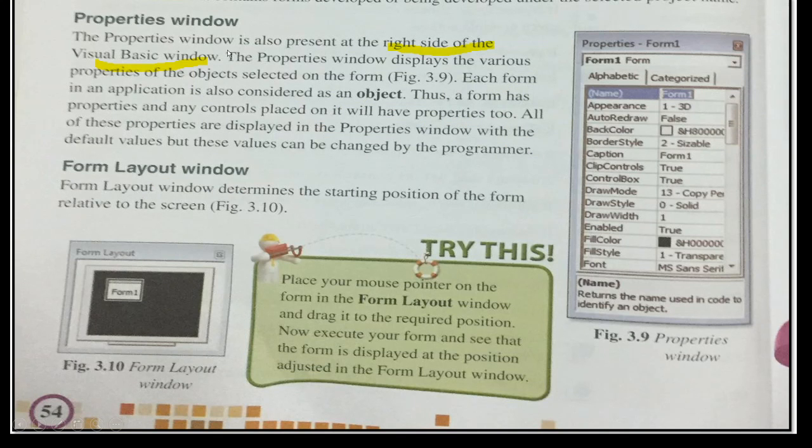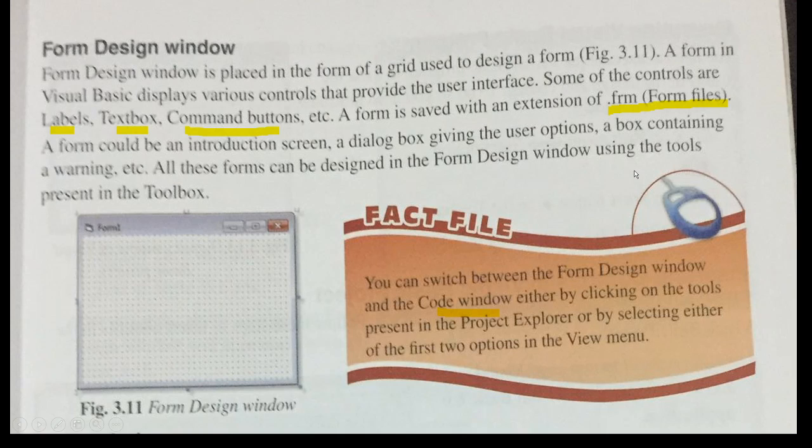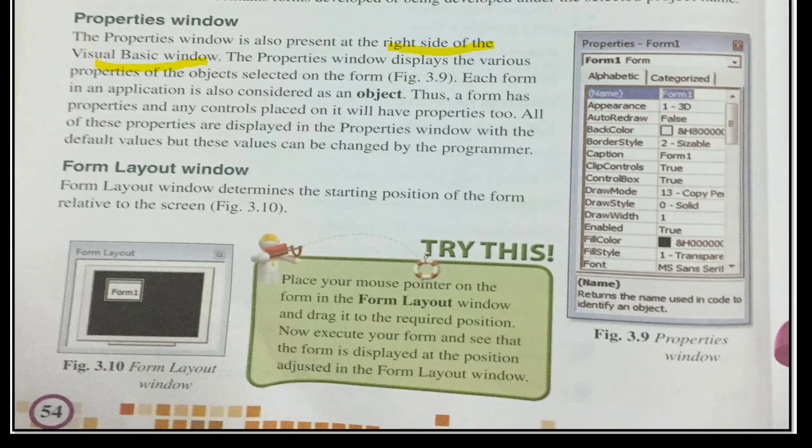Properties window. The properties window is also present at the right side of the Visual Basic window. Here you can see, for example, the properties of Form 1. As you can see, inside the properties of Form 1, you can modify the appearance, the back color, border style, caption, and all of the controls of the form.